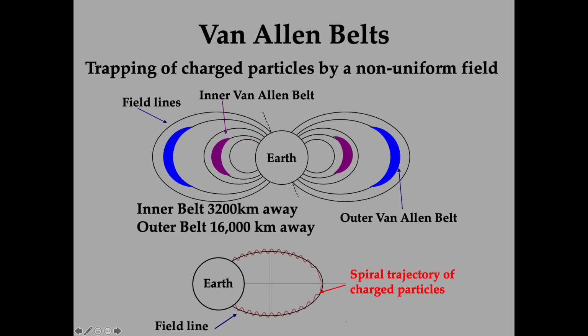The motion is complicated because, one, you have a non-uniform field from the Earth, like a bar magnet, and two, the velocity vector of these particles has components parallel and perpendicular to the magnetic field.